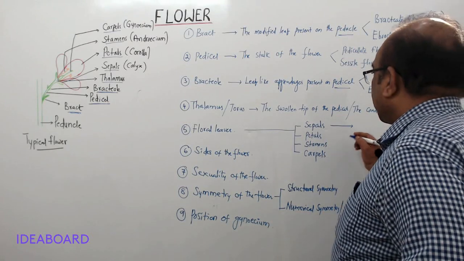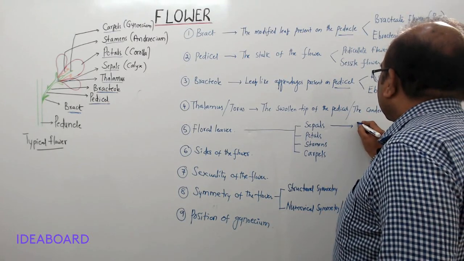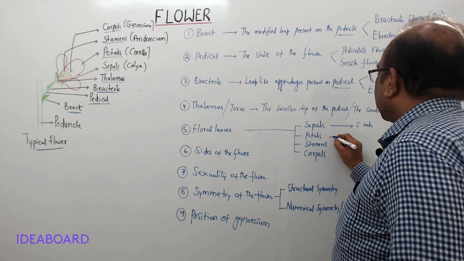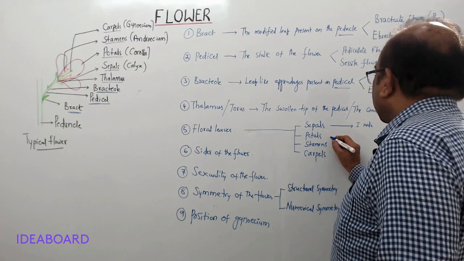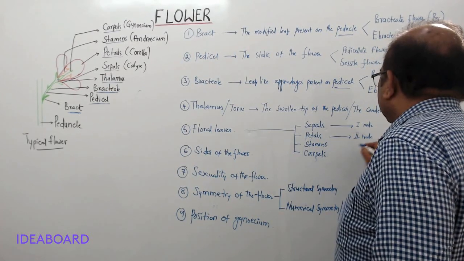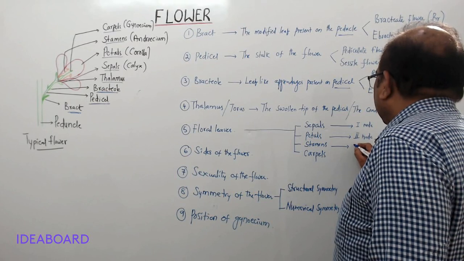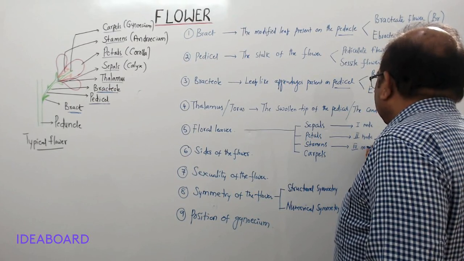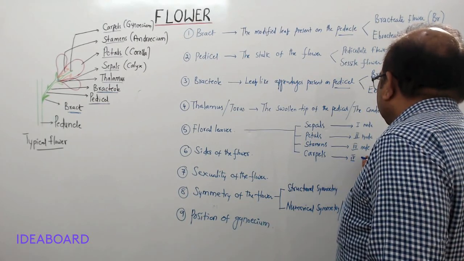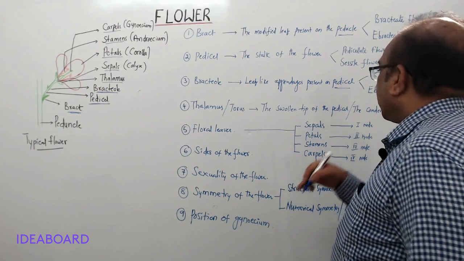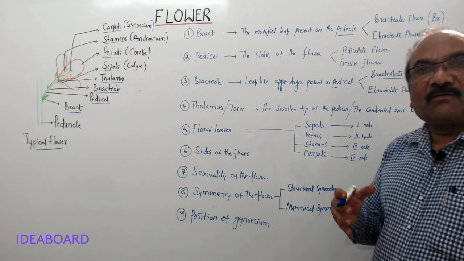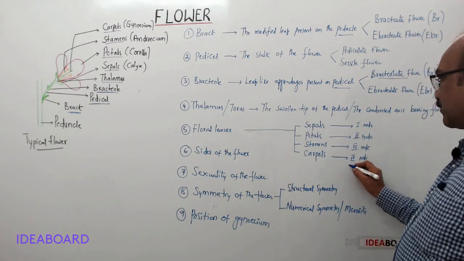So the place where sepals are present will make the first node, and the second node is petals, and the third node is occupied by stamens, and the fourth node is occupied by carpels. So now, in a typical flower, how many nodes are present on thalamus? If the question comes like that, you have to say four nodes.